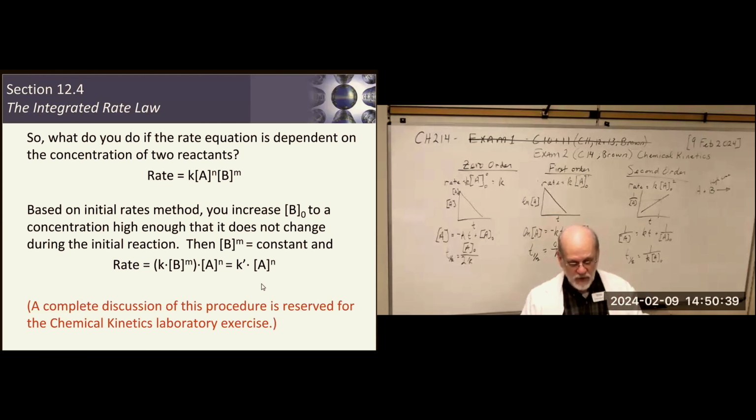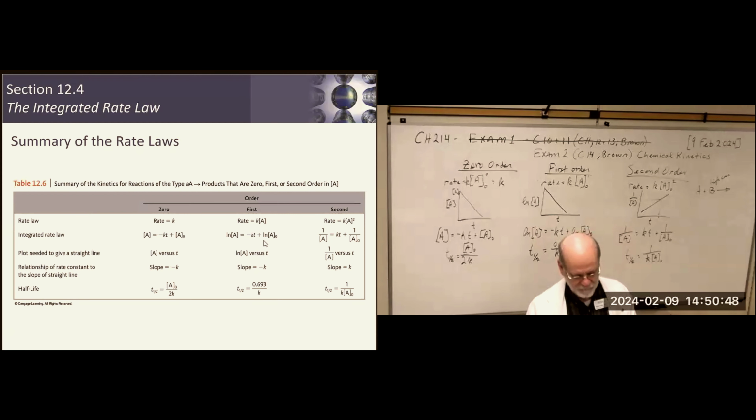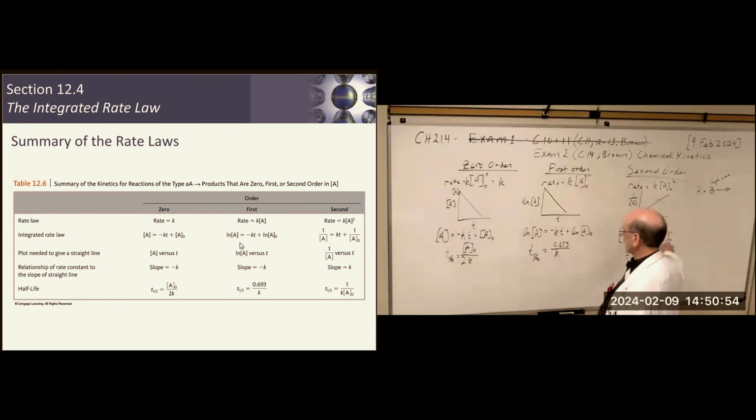And then we combine those two equations and solve the K prime for the K. All right, so this table came out of my textbook and it just puts all this together in one place. That's the only reason for that slide.